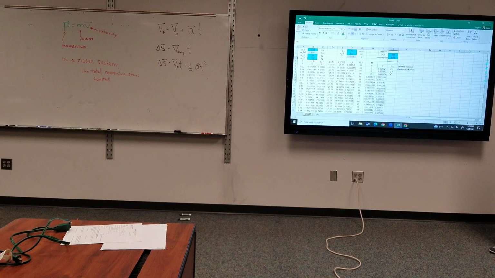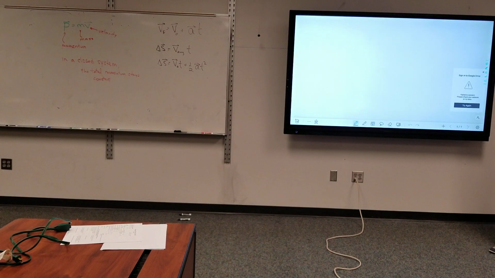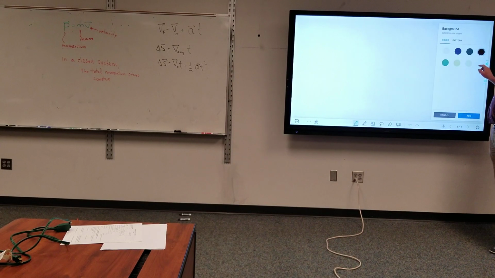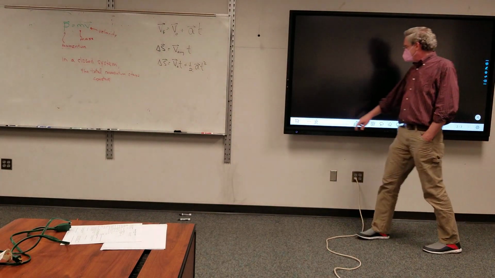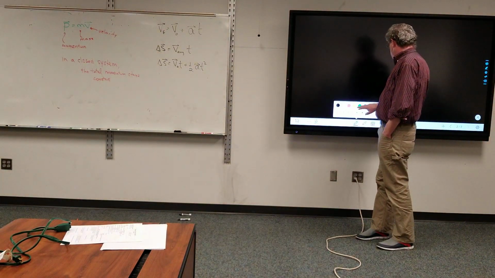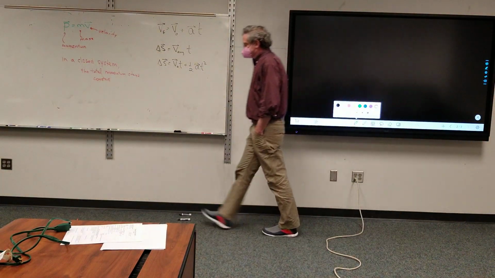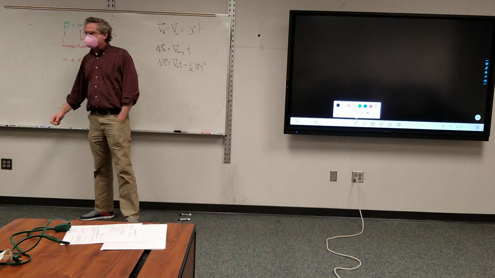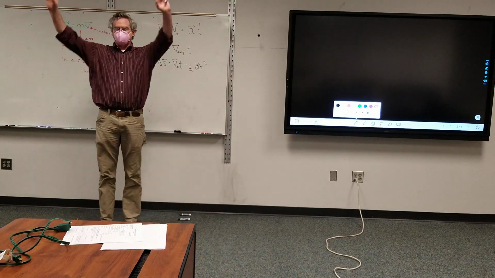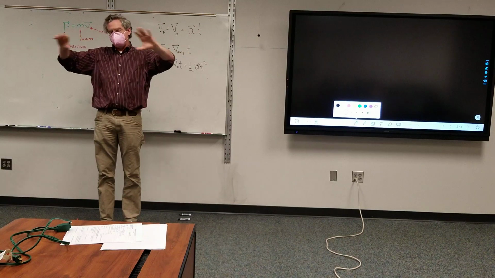Okay. So we'll spend a bit of time here looking at closed systems where we'll just have two objects. We don't have to worry about a planet or anything like that.